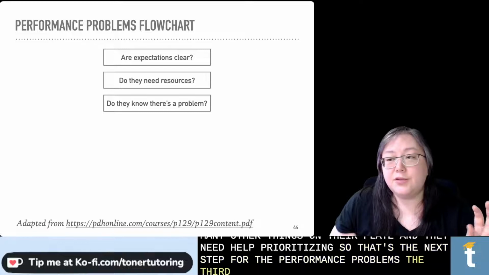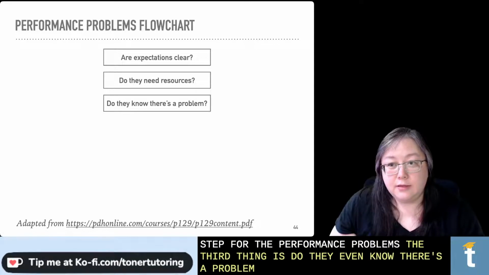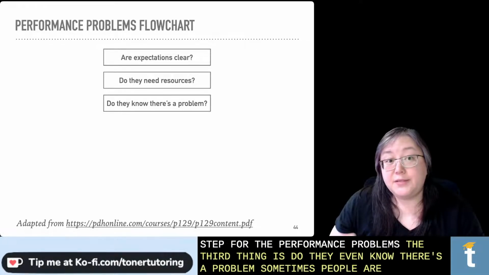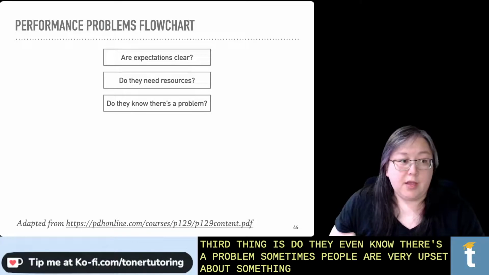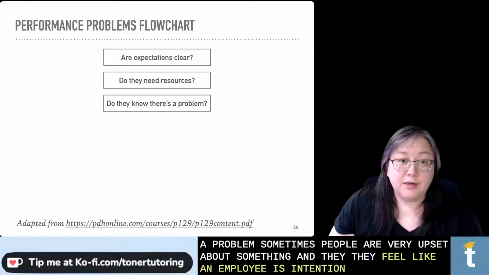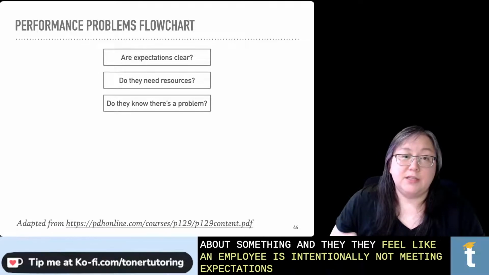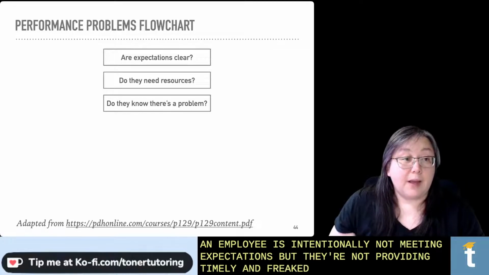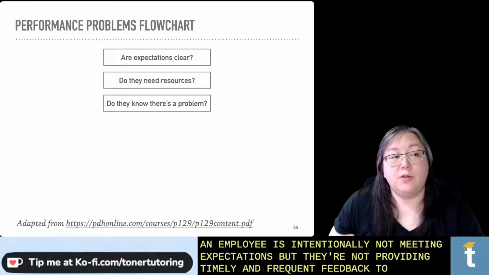The third thing is, do they even know there's a problem? Sometimes people are very upset about something and they feel like an employee is intentionally not meeting expectations, but they're not providing timely and frequent feedback to let the employee know there is a problem.